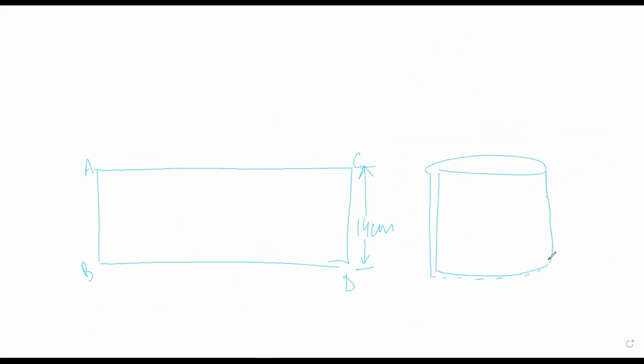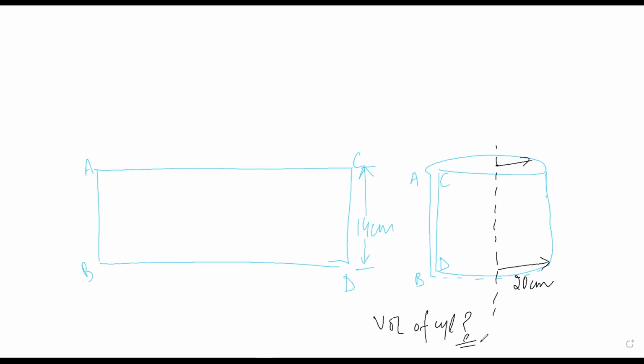Satya, have you understood how it looks like? Yes, sir. So this would be AB and this would be CD. Sarthak, is it correct? Yes, sir. The cylinder which is formed has a radius which is 20 centimeter, and you need to find the volume of the cylinder.